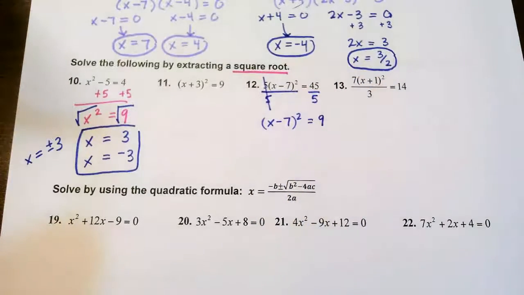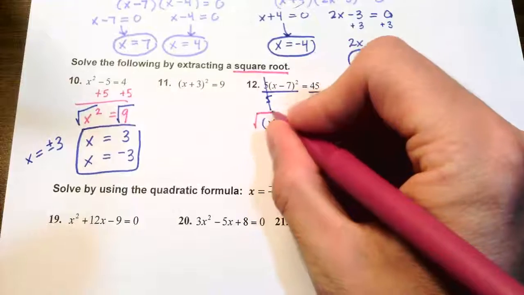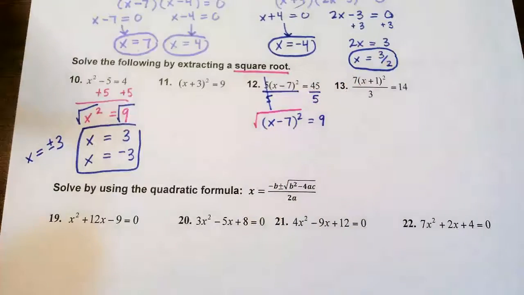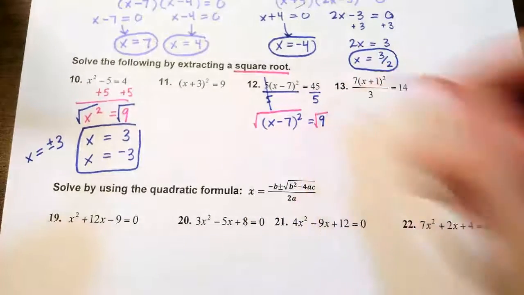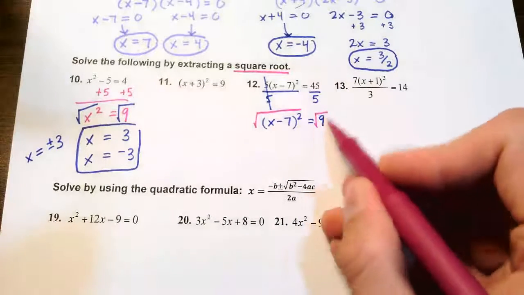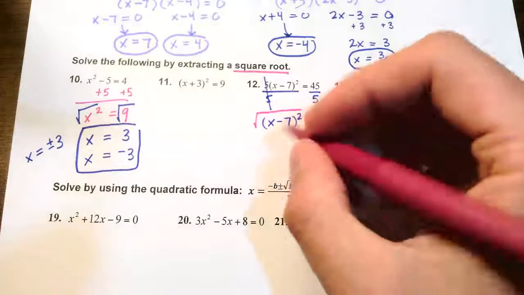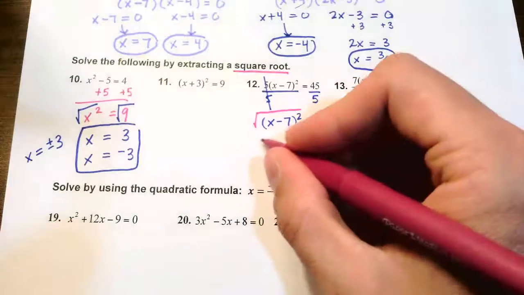All right, so now I'm going to use the square root to simplify out that power of 2. So square root. Got to do that on both sides, just like we did in the previous problem. And remember, when I square root a number, there are 2 answers here. So I'm going to have to show that somehow.